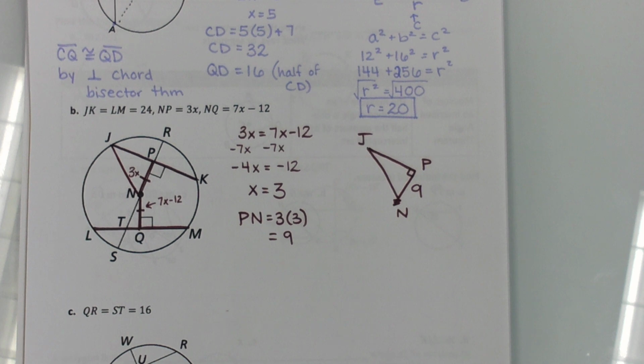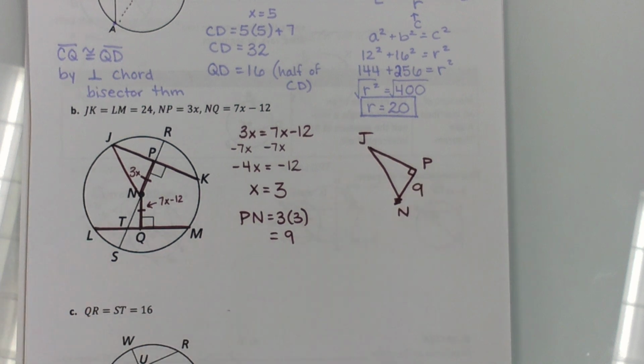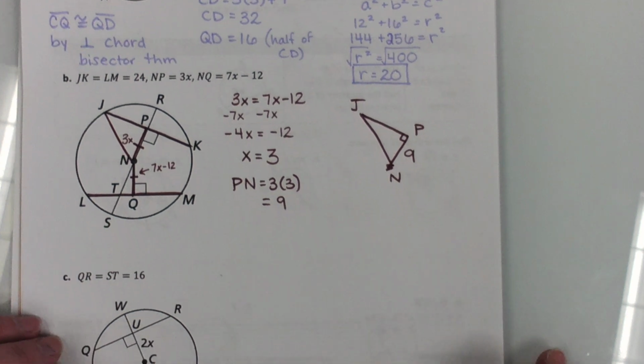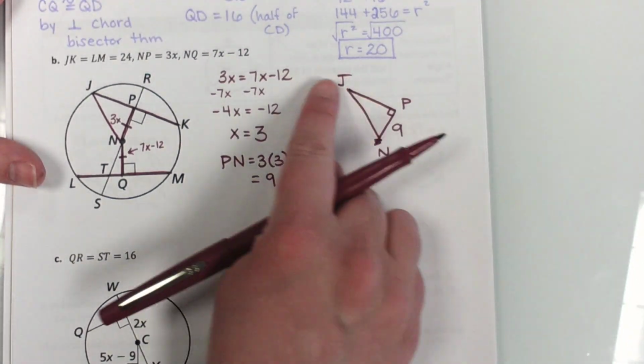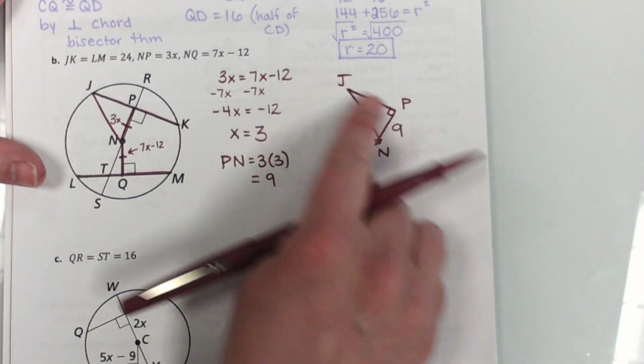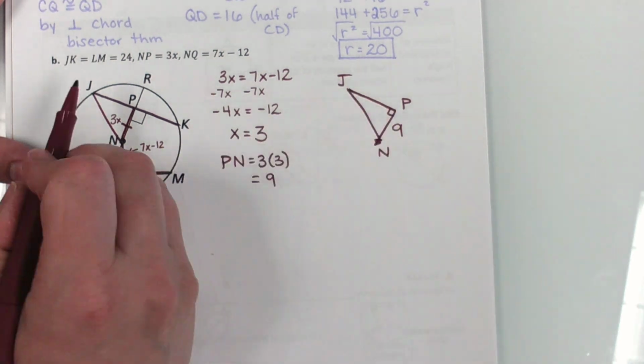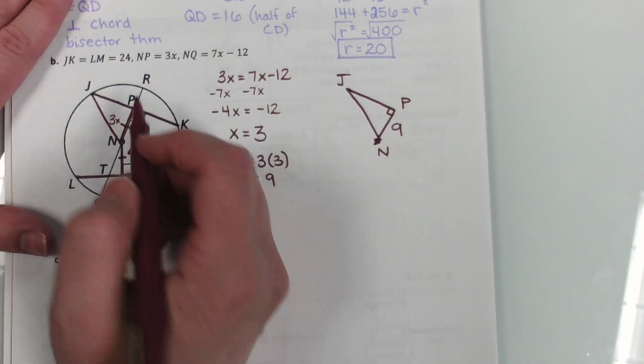Do I know any of the other lengths? I do know NQ, it's also 9, but I meant on the triangle. We can solve for JP. What do you know about JP? It's congruent half to JK, which is 24.